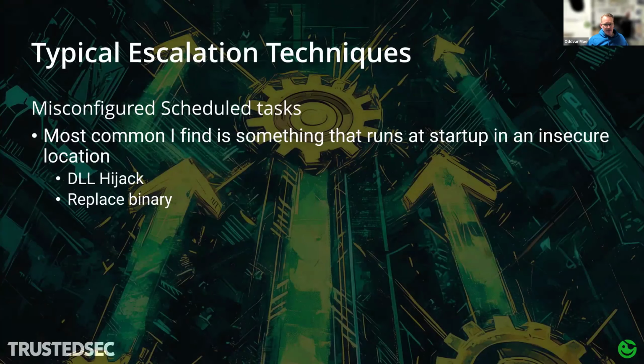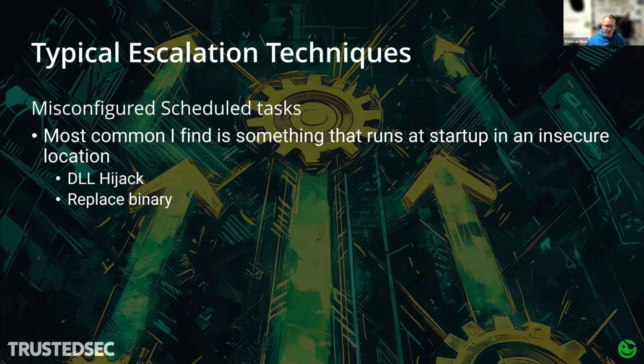Other things. The most common thing I see is at startup, that it runs binaries from an insecure location. I recently had a case where the binary itself was protected, but the folder that the binary was located in was not fully protected, so I could add files to that directory.